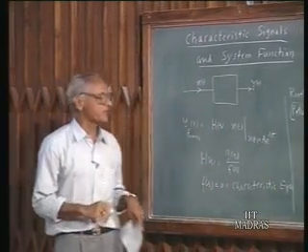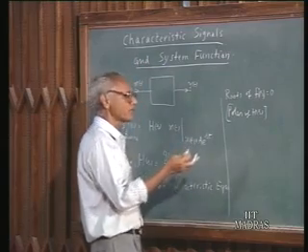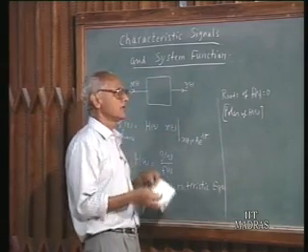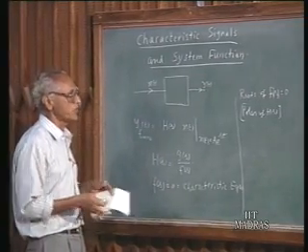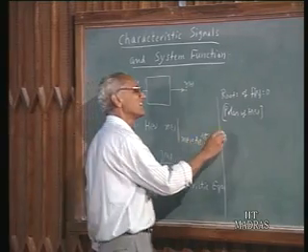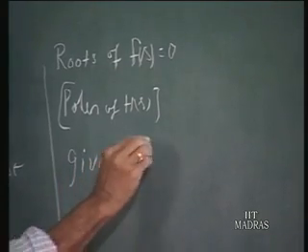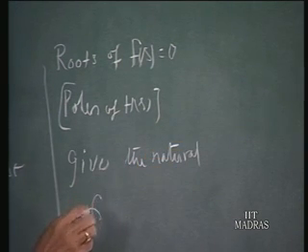The roots of the equation F(s) equals 0 can be termed as zeros of F(s), values of s which make F(s) 0, which are also the poles of H(s). These give the natural frequencies of the system.